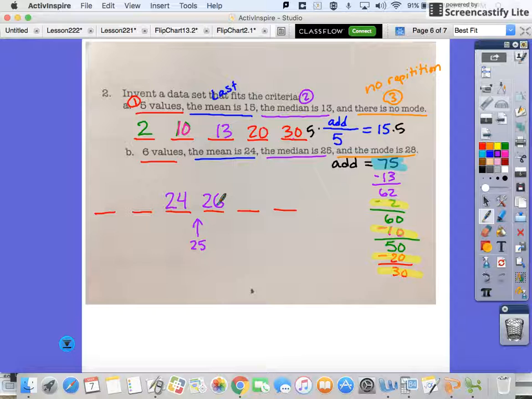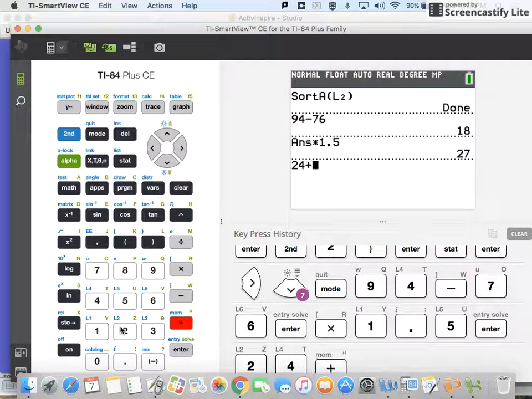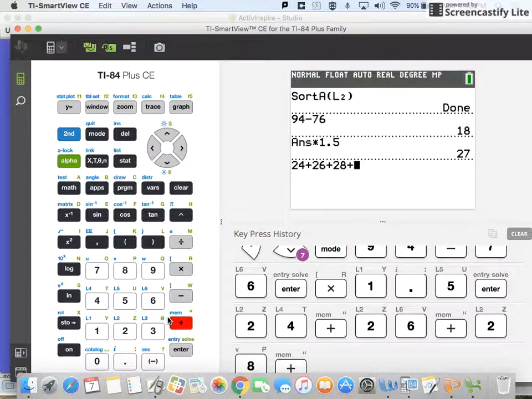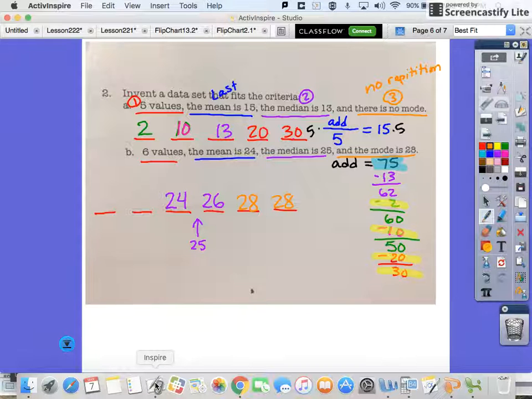Then it says the mode is 28. So that's what repeats. Well, it's got to be bigger, so these must be 28. So what we know is 24 plus 26 plus 28 plus 28 adds up to 106. So these add to 106.